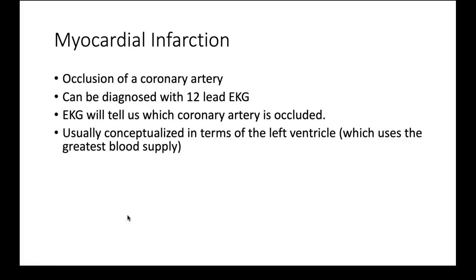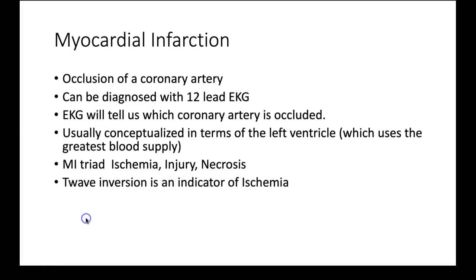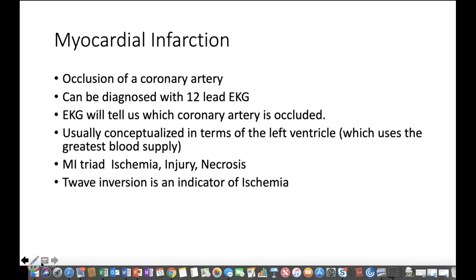It's usually conceptualized in terms of the left ventricle, which uses the greatest blood supply. And we see this progress in a triad. We usually see ischemia, then we see injury, and then we see necrosis. So when we look at ischemia, we usually see T-wave inversion.